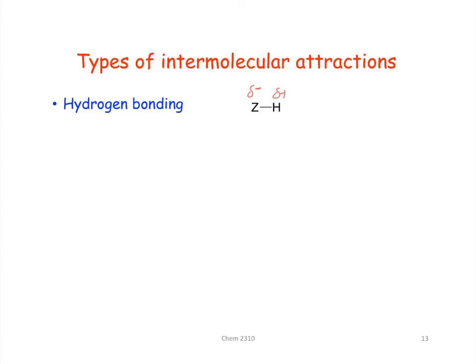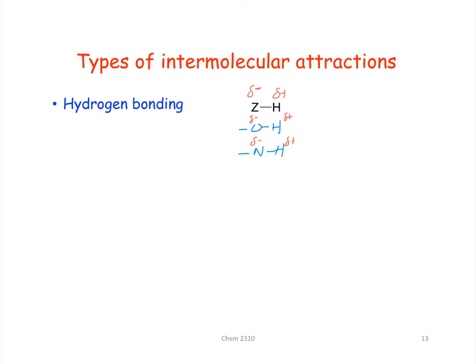Most commonly, the bonds we're going to be looking at are oxygen-hydrogen bonds, which we know have a delta plus on the hydrogen and a delta minus on the oxygen, and nitrogen-hydrogen bonds. Again, nitrogen is more electronegative than hydrogen, and so we have this type of polarity.